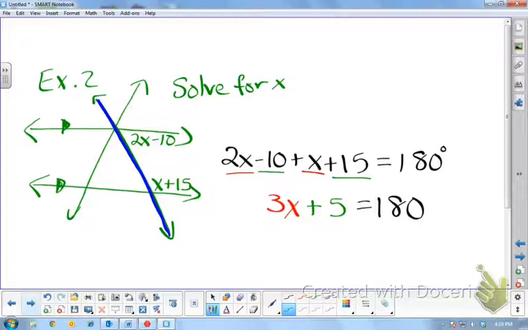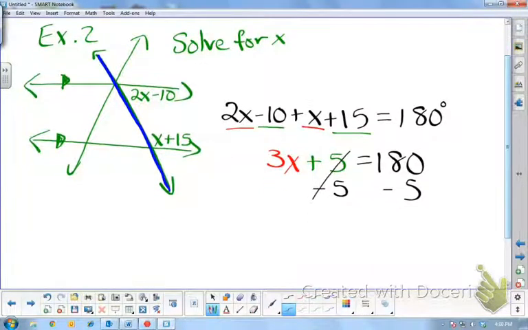We use opposite operations now. Opposite of adding 5 is minusing 5. We get 3x equals 175. Then we divide by 3.